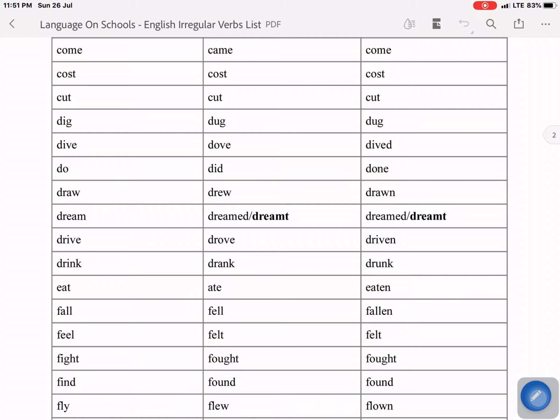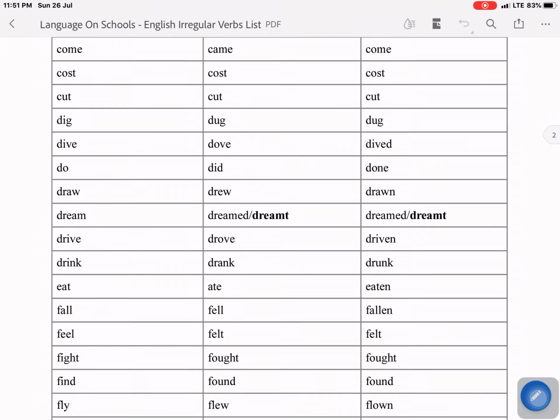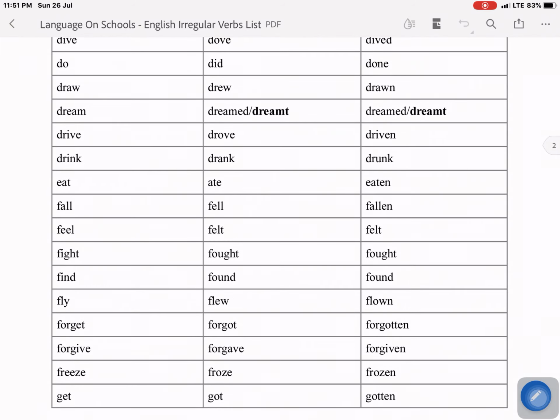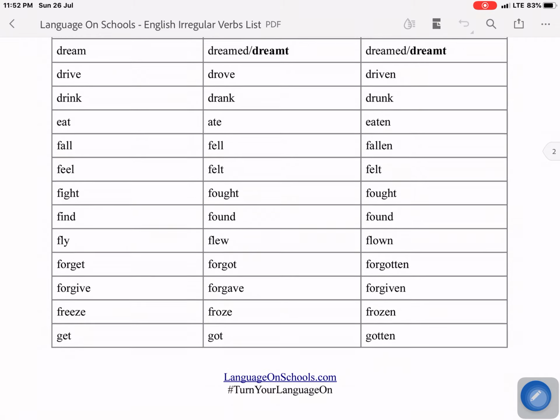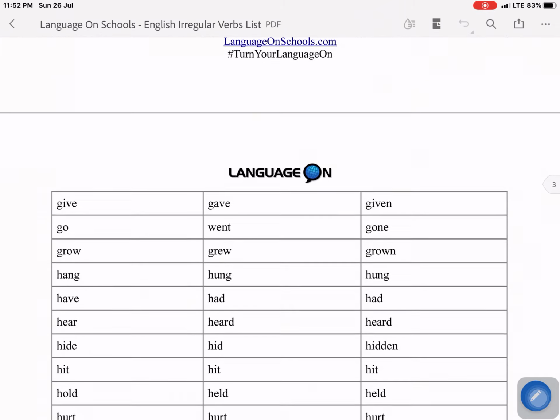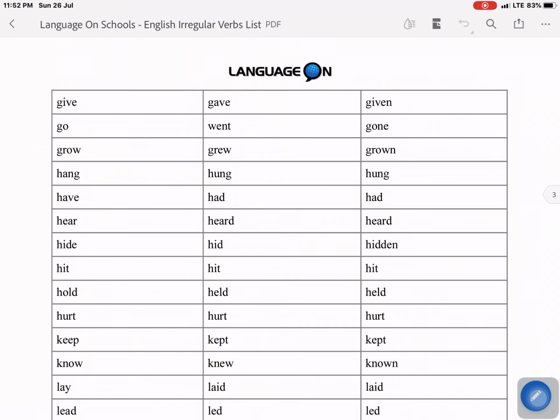Feel, felt, feeling, like this. You see there are various verbs and conjugation of these verbs: fly, flew, flown. You see it very carefully and try to memorize all these things. For example, here get, got, gotten, getting. You can see it on the screen.